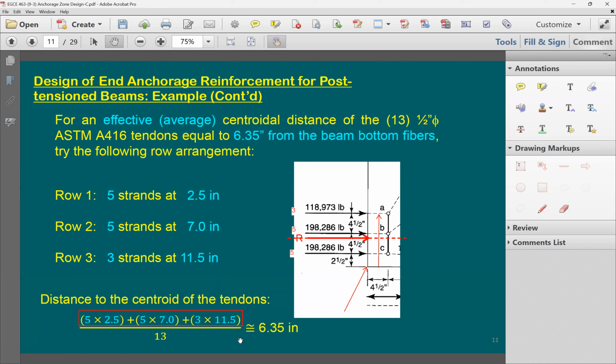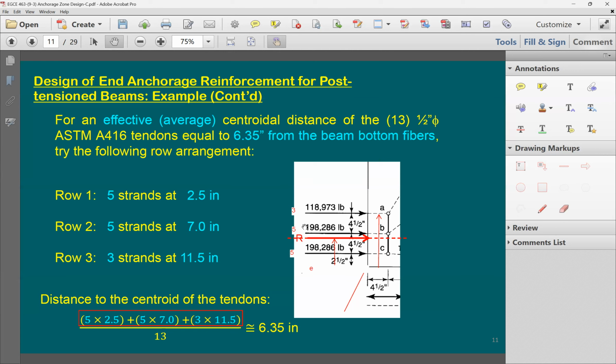The other moment that I have here is going to be coming from the resultant times the location of the resultant from the bottom of the beam. Let's see, this distance here, how much is that? This is what I'm looking for. You can call this E if you like. This amount of eccentricity is what I'm trying to get to. So this moment is going to be equal to 13 strands times eccentricity, because I know that this R is going to be equal to 13.